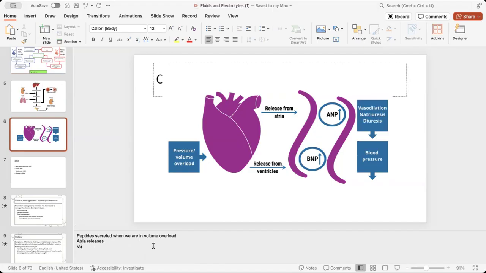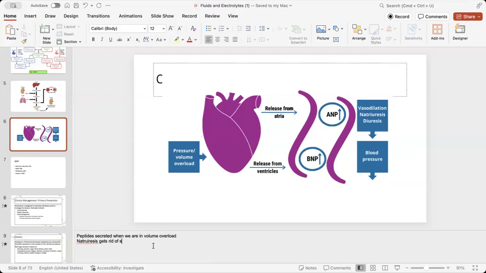Natriuresis, diuresis. What do those mean? Natriuresis is get rid of what? Sodium, yeah, and diuresis, get rid of fluids.